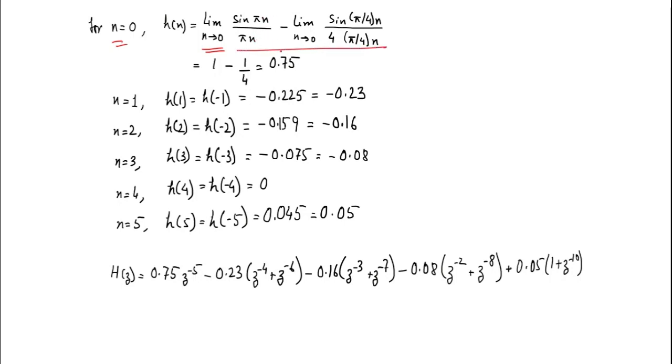So just do it, you will get the values. Similarly, you can calculate the hn for n equals 1 to 5, and then you can find out the transfer function of the system.